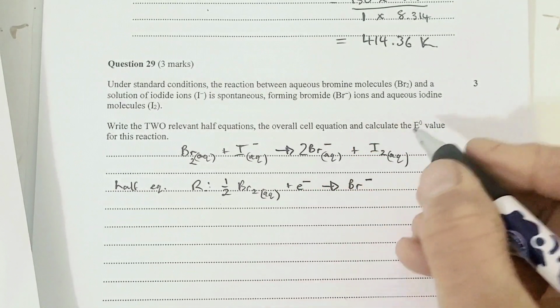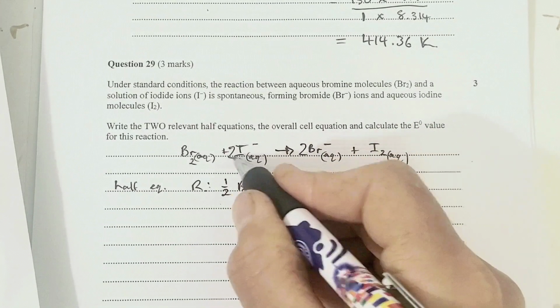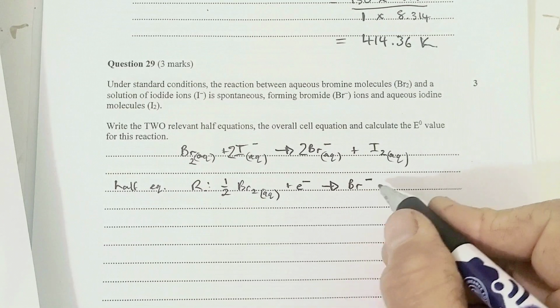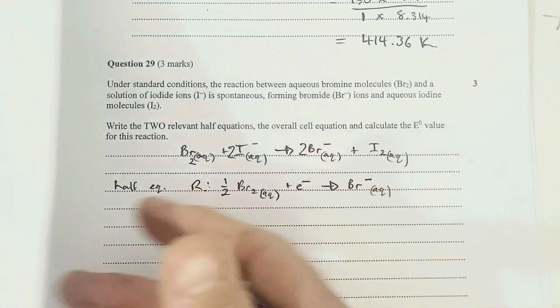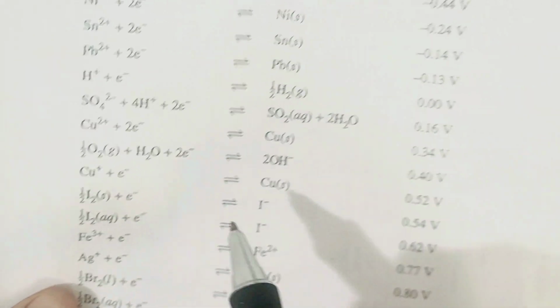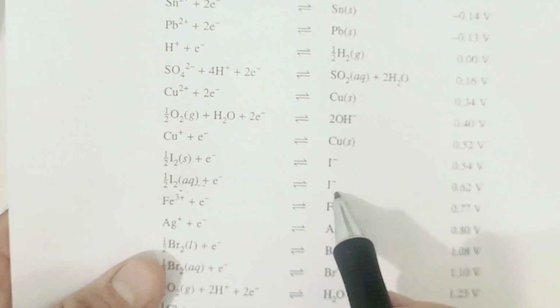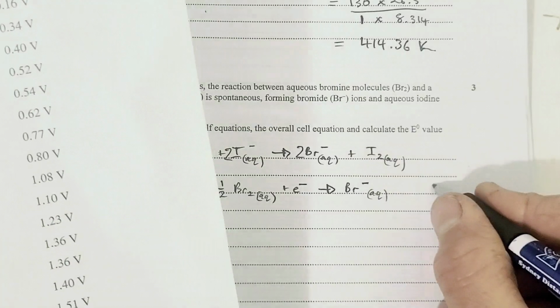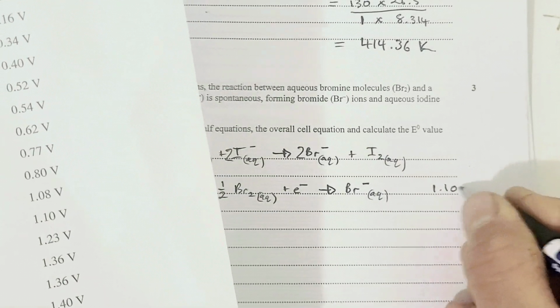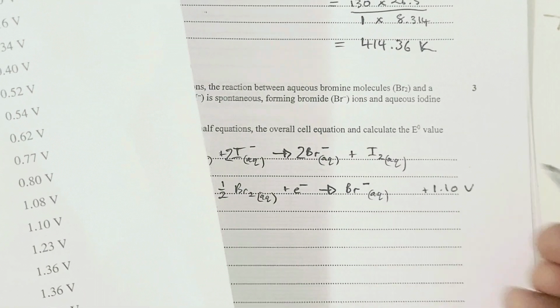Oh, that would be 2 here, wouldn't it? And this would be 2 here, aqueous. All right, and then the other one, which is iodine. But we're going to do this backwards. Before we finish here, let's put the 1.1 volts positive.